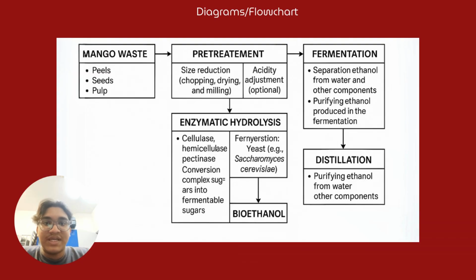If we go to enzymatic hydrolysis, cellulase, hemicellulase, and pectinase convert complex sugars into fermentable sugars. Otherwise, fermentation uses yeast, for example Saccharomyces cerevisiae, and produces bioethanol. Then we go to the separation process, that is separating ethanol from water and other components, and purifying the ethanol produced in the fermentation. After that, we go to the last step, that is distillation, which purifies ethanol from water and other components.